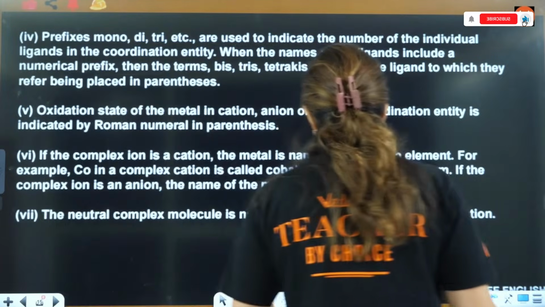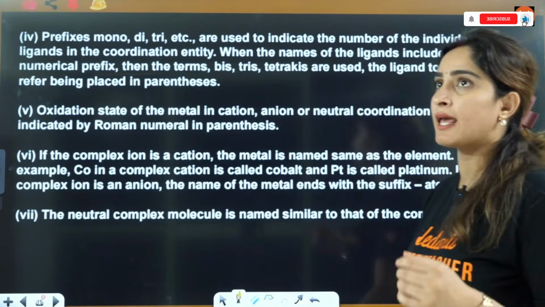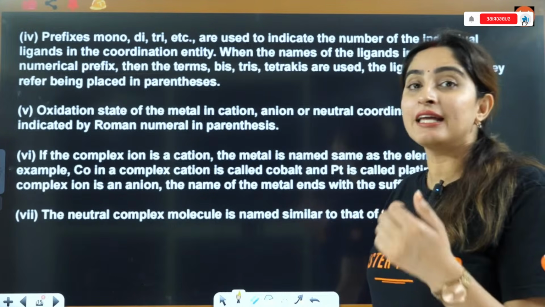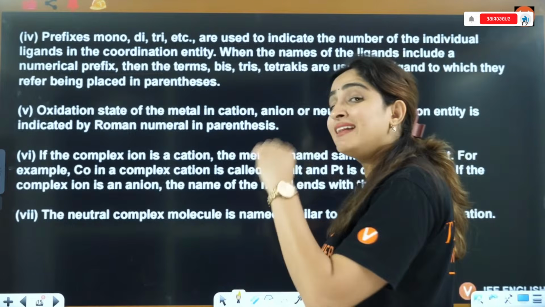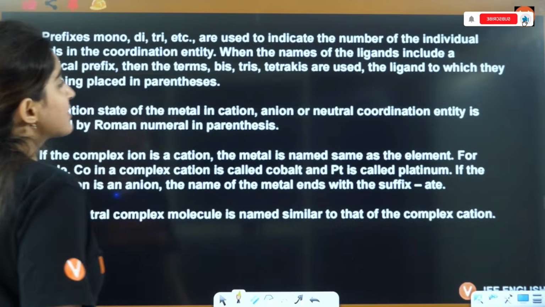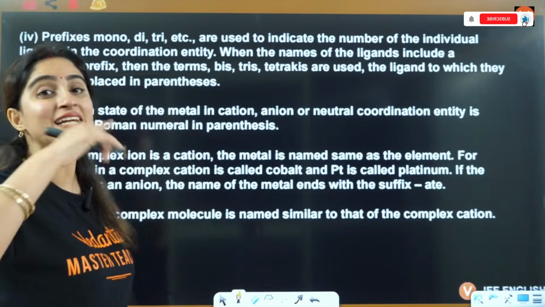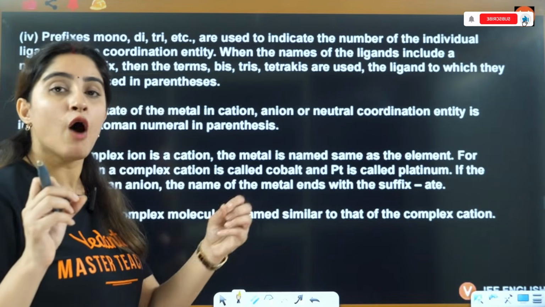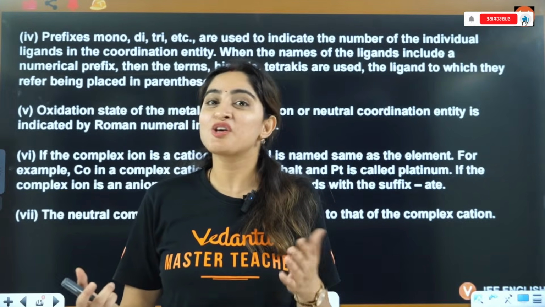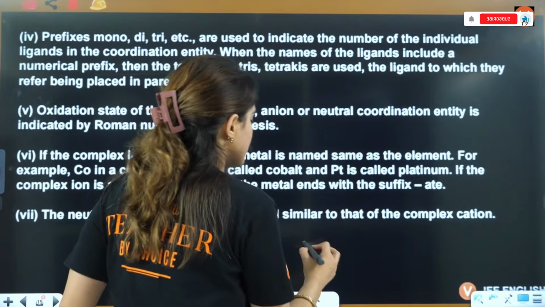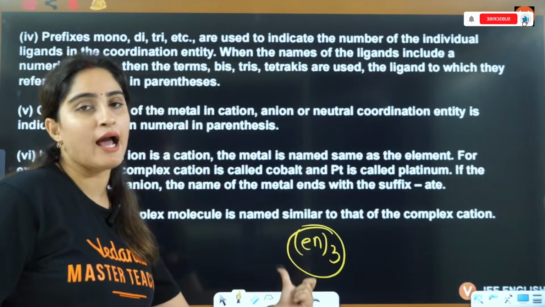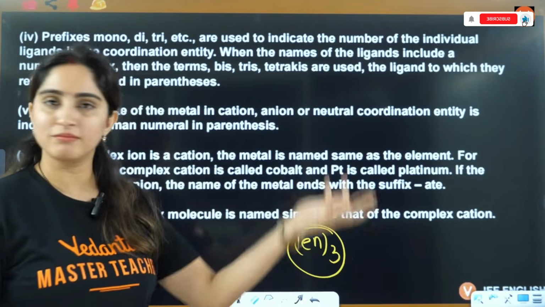Then if you have prefixes, let's say 2 chlorides or 3 chlorides, you write di, tri. But if the name of the ligand itself has di or tri, for example ethylenediamine, which already has diamine in the name, and you have en3, you can't write it as triethylenediamine. That would mean something else.